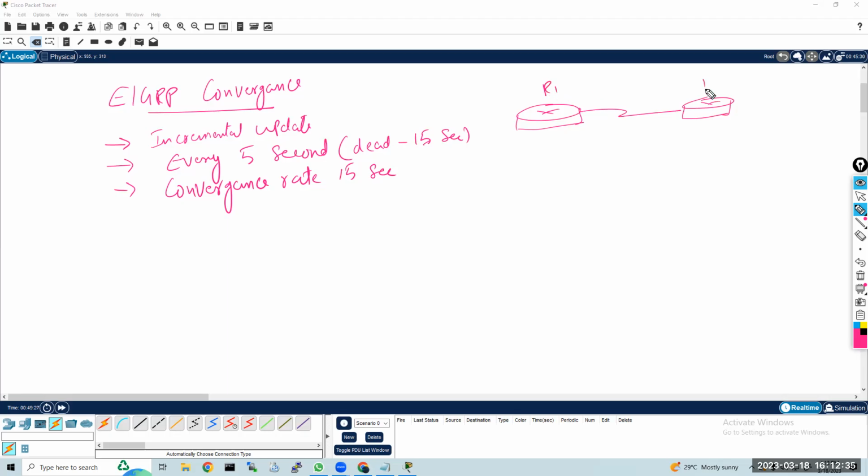This is my R1, this is my R2. Say EIGRP has already formed all the tables. So both maintain the routing table and the topology table.